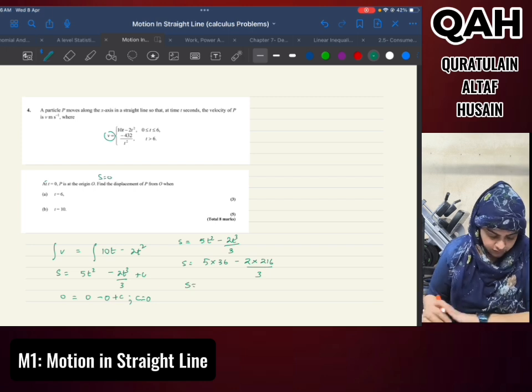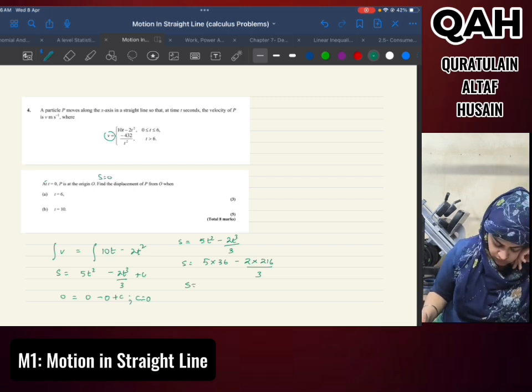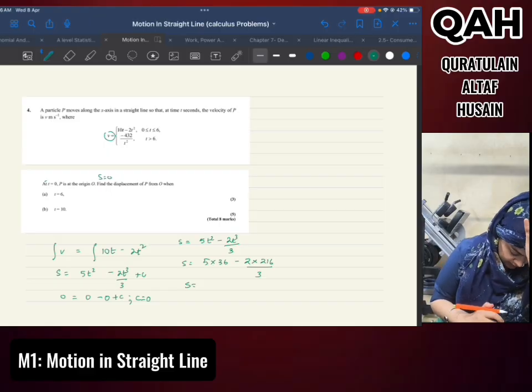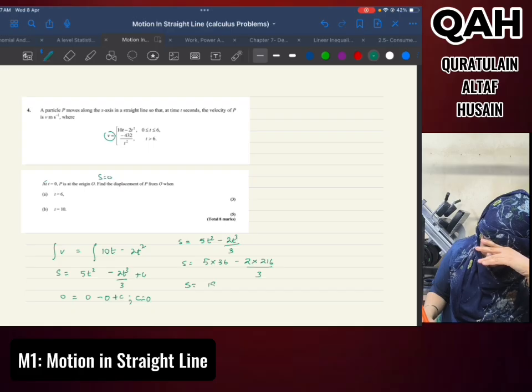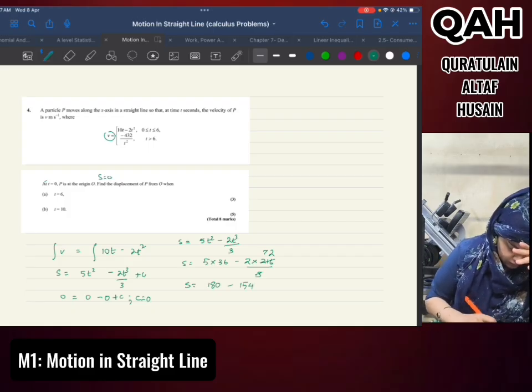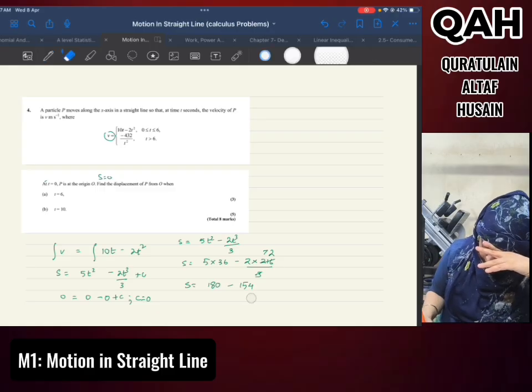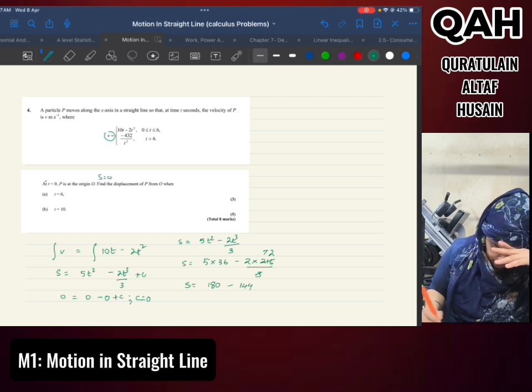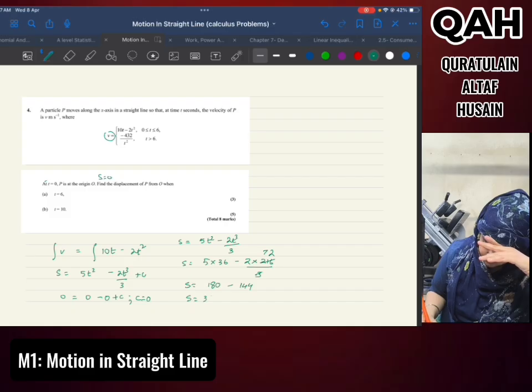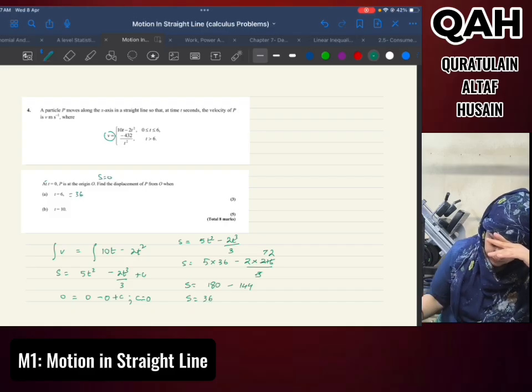S is equal to 5 multiplied by 36 is equal to 180 minus 144, sorry. 180 minus 144 is equal to 36. Displacement is 36 for the first one.